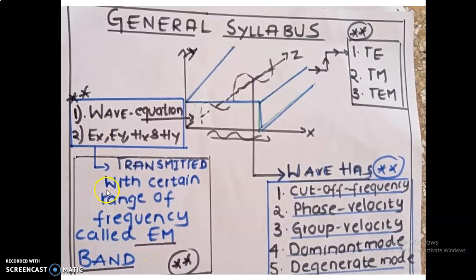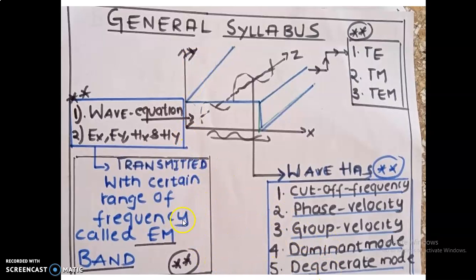Now I can say topic 1 is completed, then topic 2 and topic 3, where we have to select which mode we have to use in a rectangular waveguide. It may be a TE mode, TM mode, or TEM mode. Then once the signal enters into the particular mode, we have to say what is its cutoff frequency, what is its phase velocity, what is its group velocity, what is its dominant mode, what is its degenerate mode.